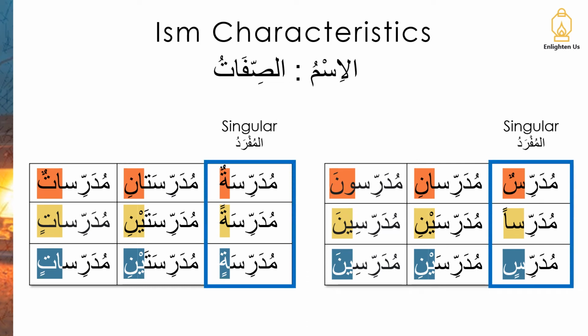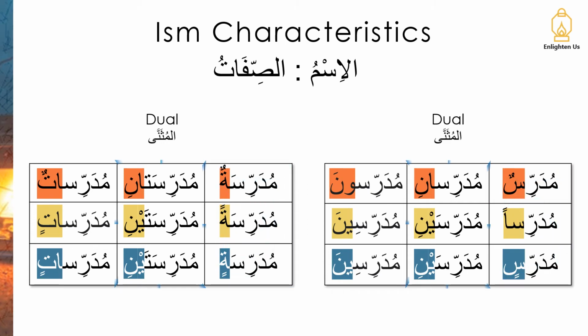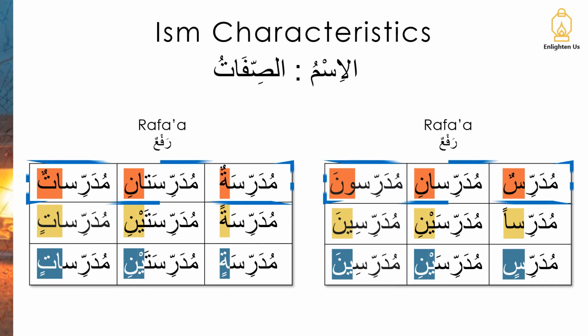The first column on this chart and the first column here, these are the singular, the mufrad version of the ism. And as I'm sure you can guess, the second column is the muthanna. And the third column, that is the jam', that's the plural. The first row on this table and the first row on this table, that is your rafa' version of the word.